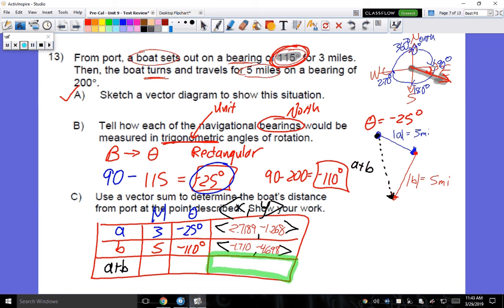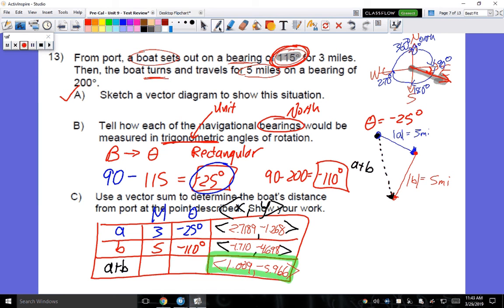And we'll add a negative 1.710 to get a 1.009 component for the x. Now we're going to add the y values: negative 1.268 plus negative 4.698 to get a negative 5.966. That is the y component for my resultant vector.